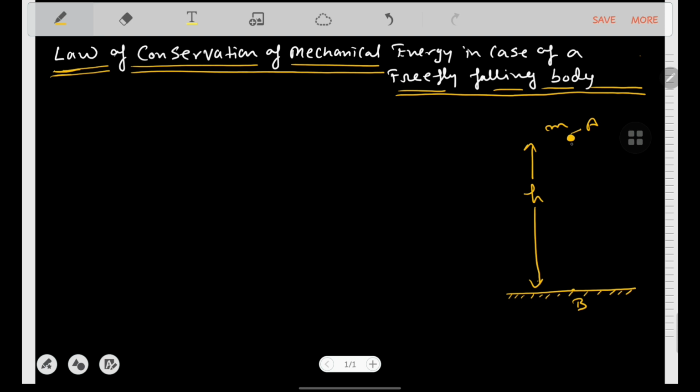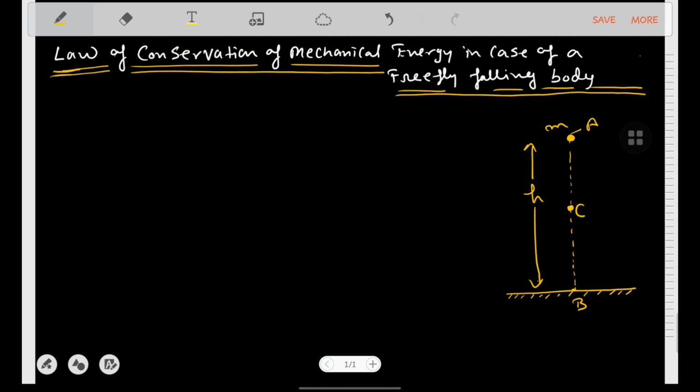Now during the fall we will consider one point in between somewhere on AB, the point C, where we check whether the mechanical energy of the object is the same or not. So this is our figure.